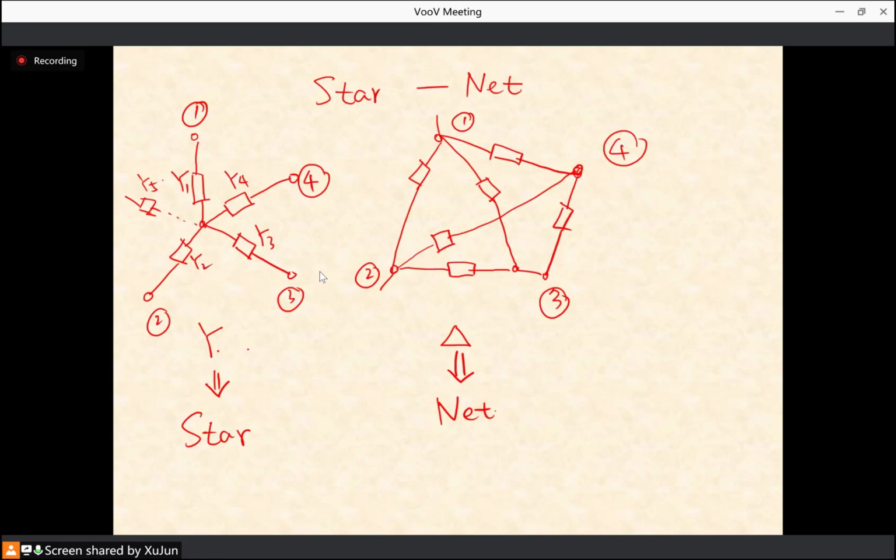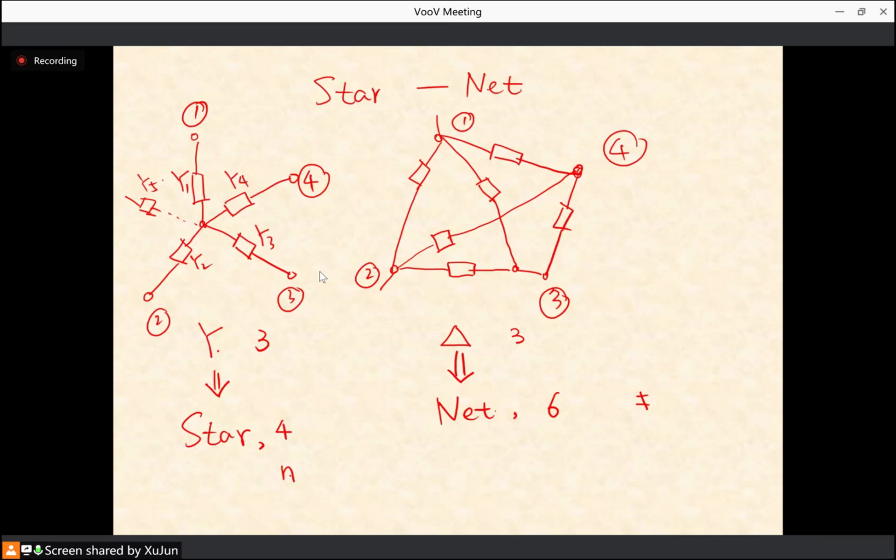For the Y connection, there are 3 components. For the delta connection, it's also 3 components. But for the 4-point star connection, we have 4 components here. In the net connection, there are 1, 2, 3, 4, 5, 6 components. So they're not equal.